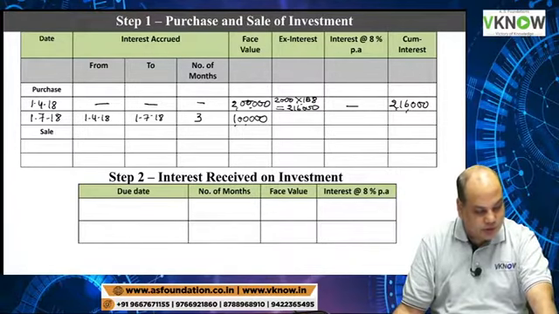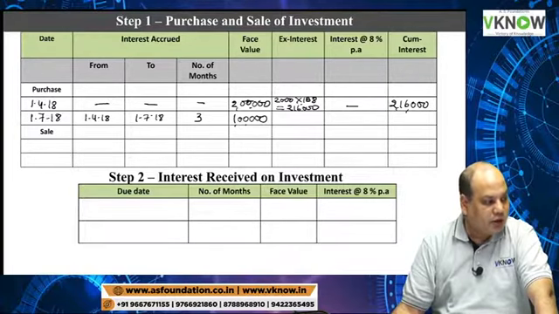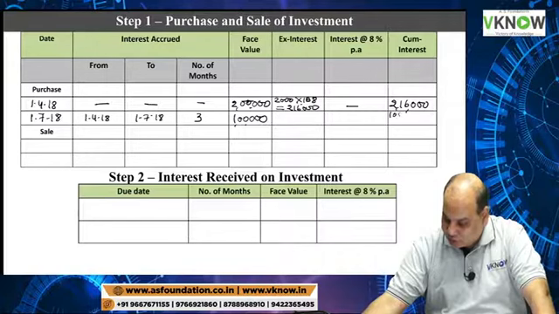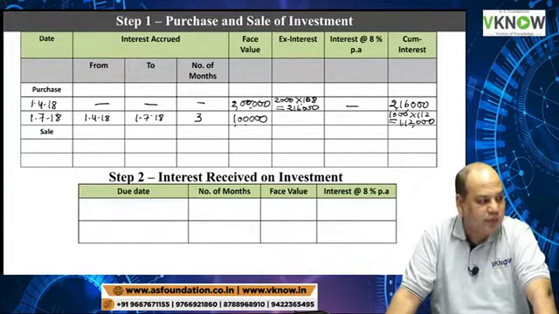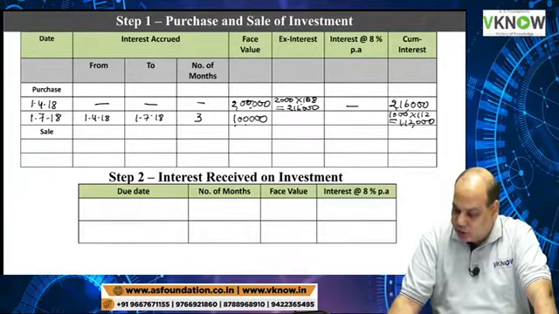And this was purchased at 112 rupees cum interest. In the cum interest column, write 1000 into 112, 1,12,000.